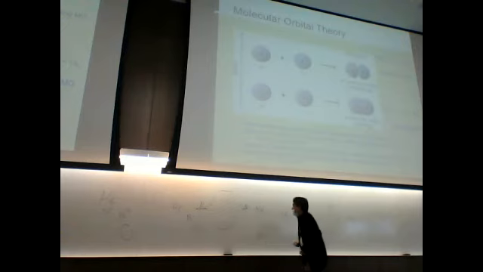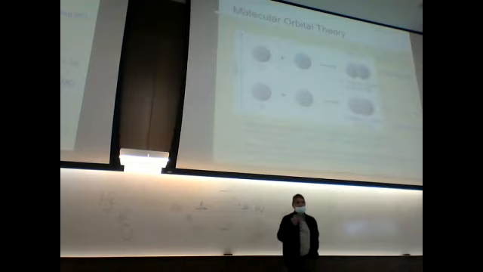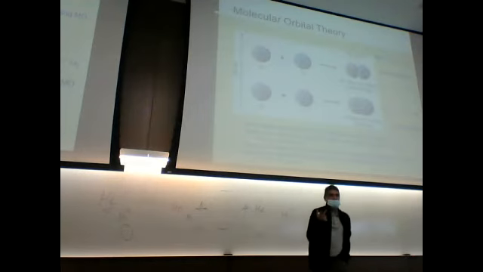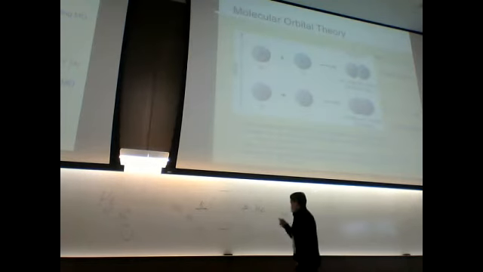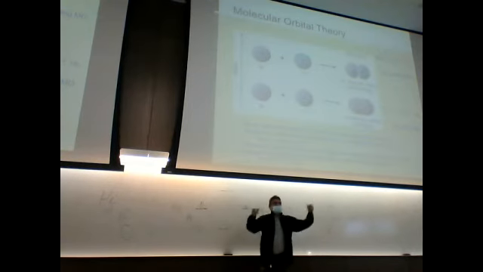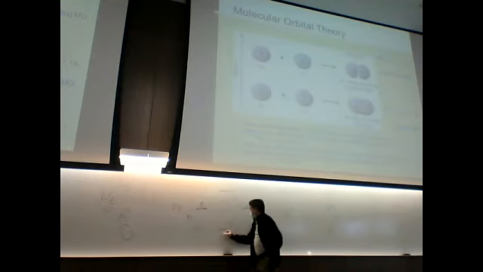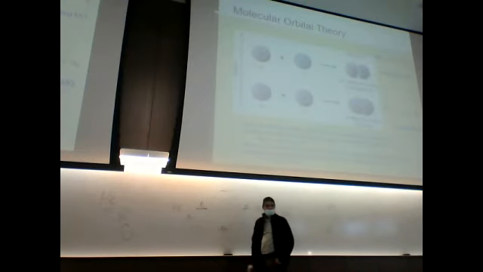Now how many electrons do I have? 4 electrons: 1, 2, 3, 4. In one orbital, I can put only 2 electrons, as in chapter 7. So 4 electrons can be distributed in that molecule. I can put 2 here, and I cannot put more than 2 in one orbital.